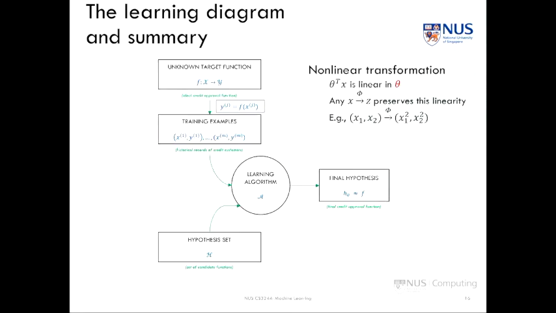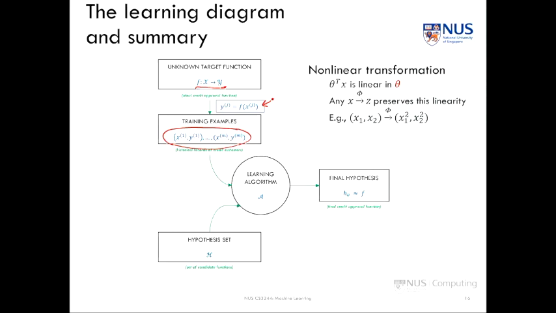Here, let's go to the learning diagram and summarize. We have an unknown target function that we'd like to make sense of, our f of x. And we're going to see examples of that through the training set that we're given, which are representatives of true cases of f of x.